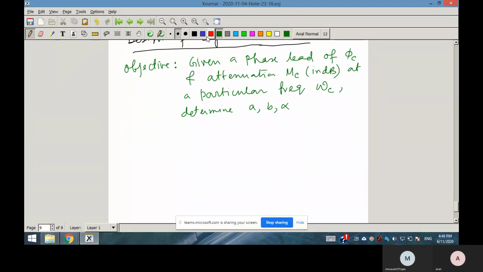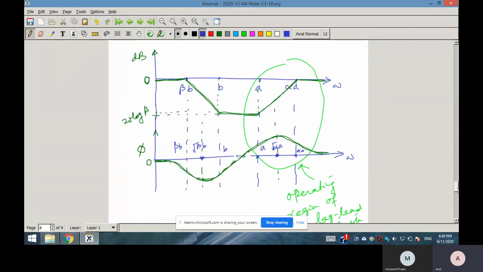Now the solution. What is the gain attenuation? If you see this figure, this is the frequency range, the operating region, that we will be using. What is the gain attenuation provided by the lag part?